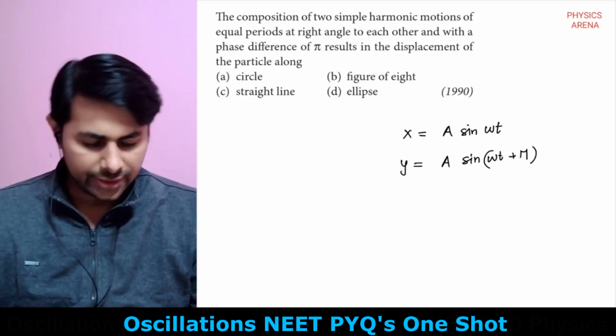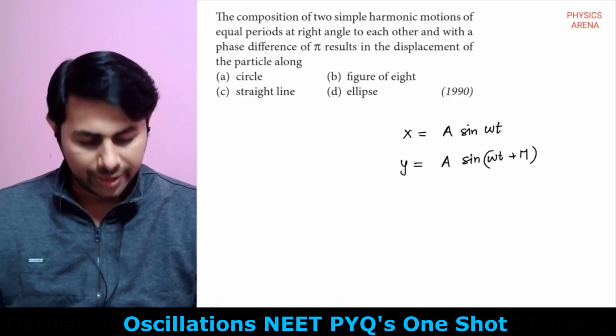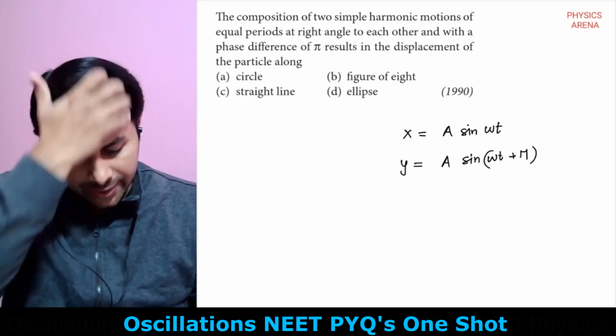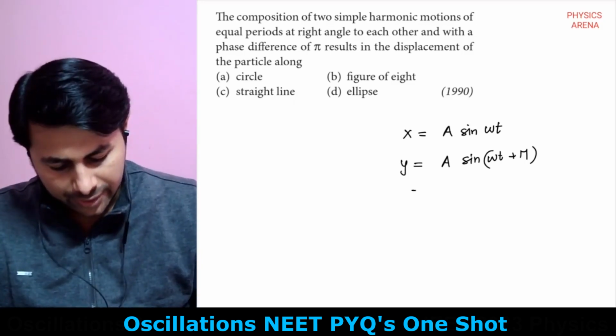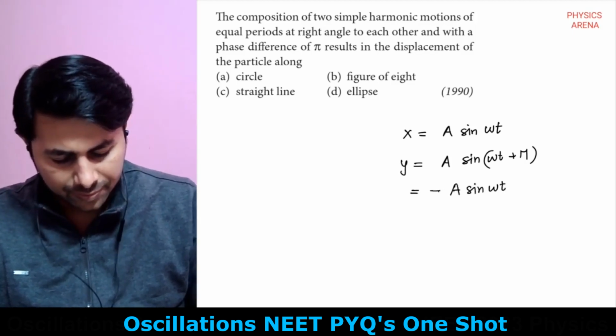So it is sine omega t cos pi plus cos omega t sine pi, right? And sine pi is 0, cos pi equals -1. That means this is minus a sine omega t.